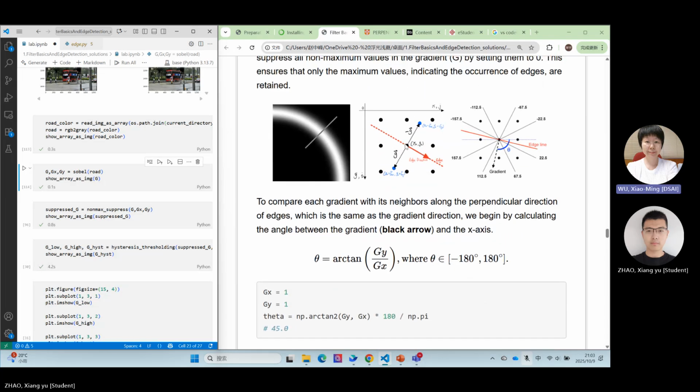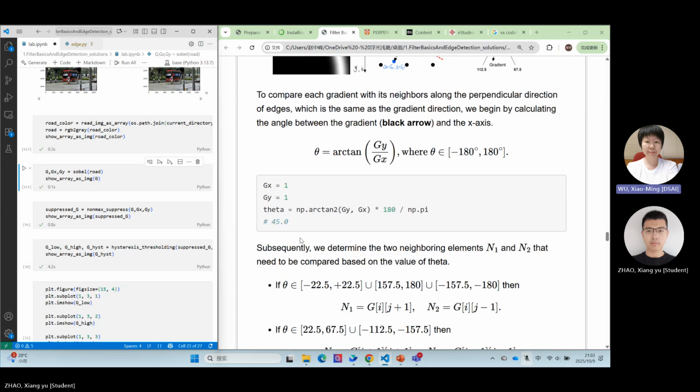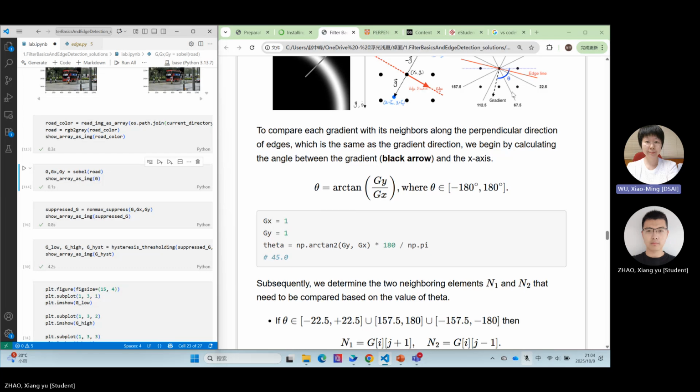Okay, take this as an example. The red line is the edge line, and the black line is the gradient. We then need to determine the two neighboring elements N1 and N2 that need to be compared based on the value of theta. Theta is the gradient angle.